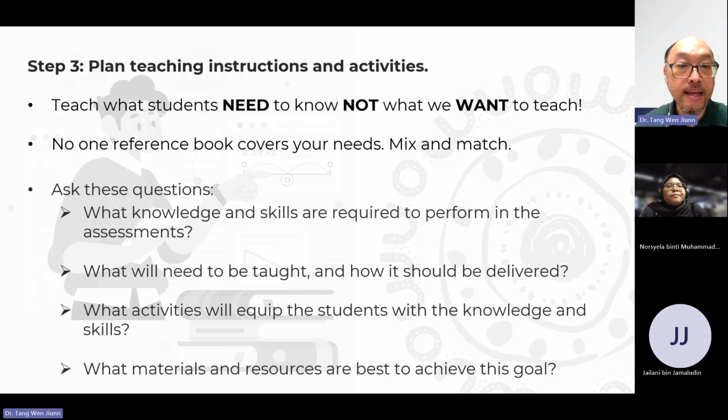So this one here is like, do I need to dance and sing? Yes, if you need to dance and sing, then you have to dance and sing. You have to look at what are the appropriate tools to use to teach. And activities: what activities will equip the students with the knowledge and skills?